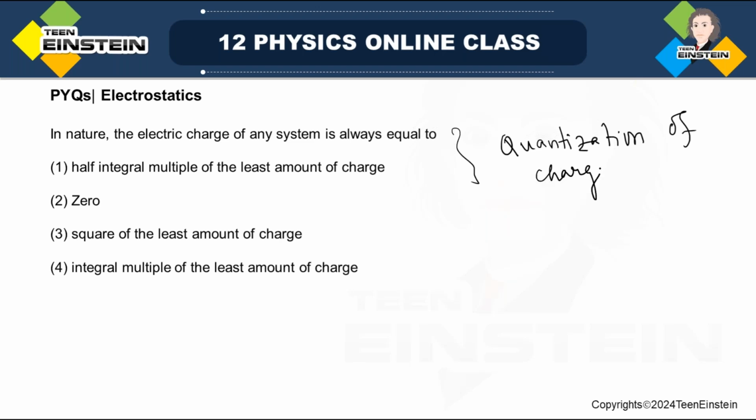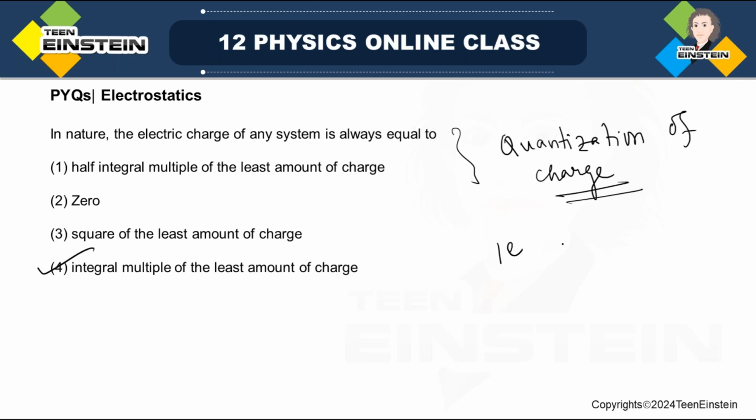I would have given this question in the beginning so that you learn this, then you can answer the previous question. Anyway, I apologize for that, but you can understand that this is just integral multiple of the least amount of charge or unit charge. So in nature, electric charge of any system is always equal to an integral multiple of the least amount of charge, that is electronic charge.